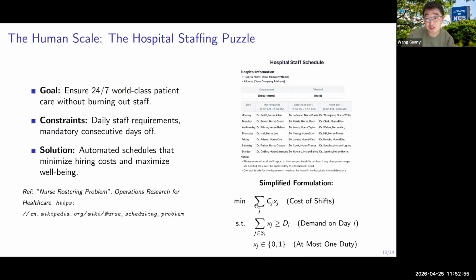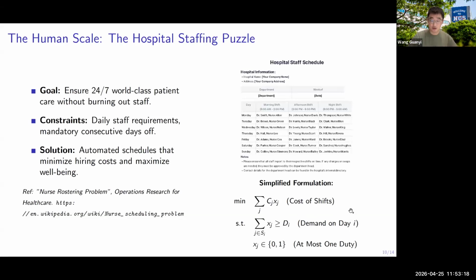The objective is to minimize the cost of shifts, and the capital c_j denotes the corresponding payment for different staff. The first constraint represents the demand on day i.